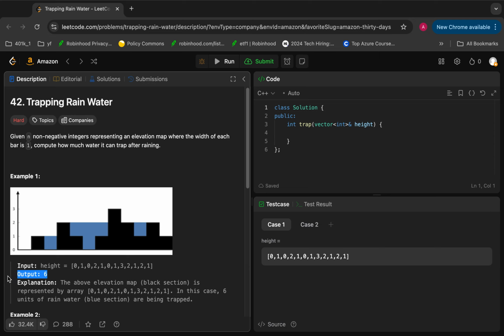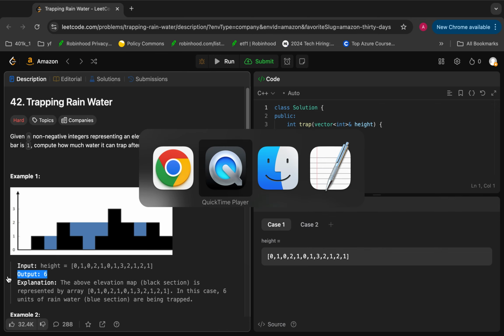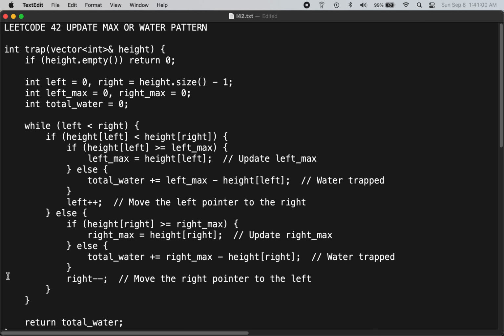Now let us take a look at the solution. The strategy is to use the two-pointer method. You have left and right, but the pattern I call the update max or water pattern.